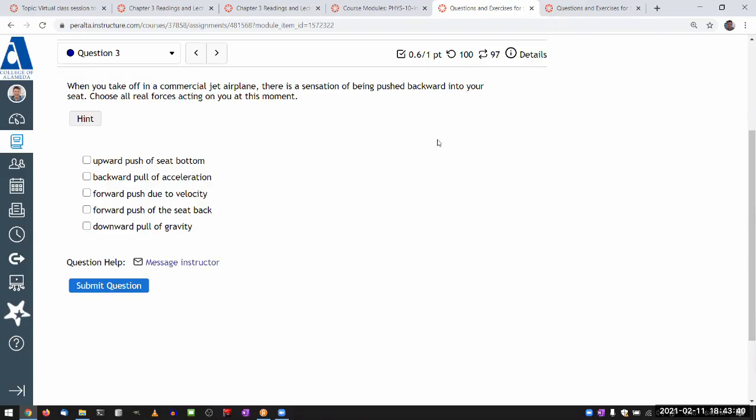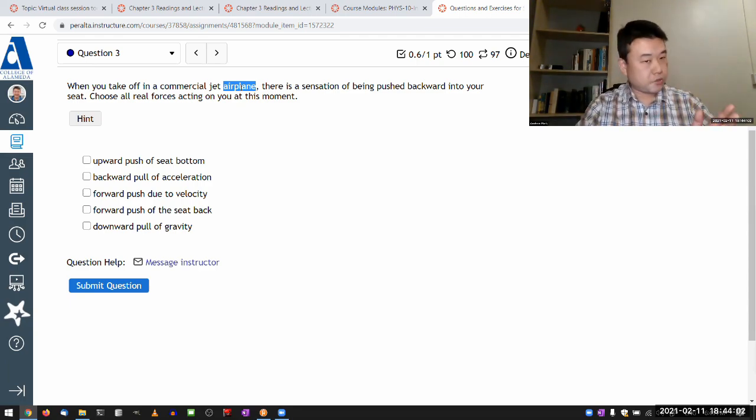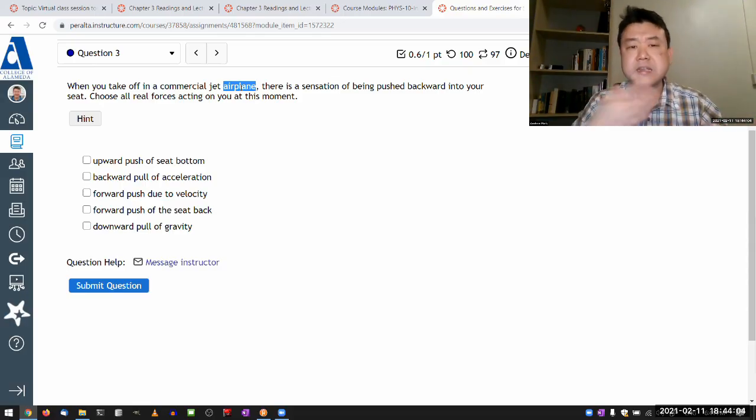So here the scenario I want you to think about is just sitting in some vehicle. It could be an airplane, it could be a car, it could be BART, and you have a familiar sensation that as it starts to move, it feels like something is pushing you backward. That's the sensation that most people are familiar with.